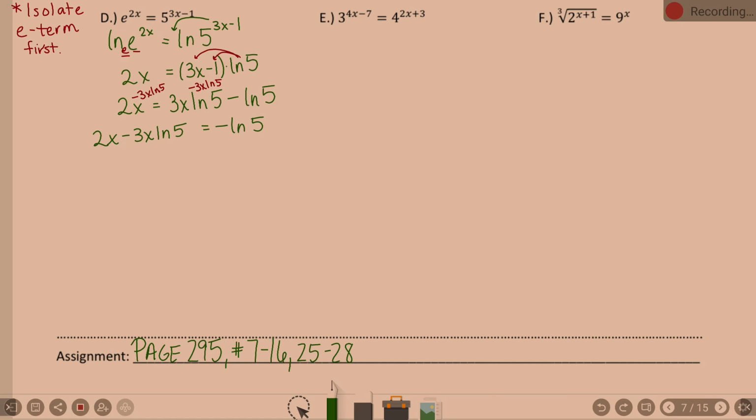And? Okay. Both terms on the left have an x. They're not like terms, so I can't subtract them as is. So factor out GCF of x. 2x divided by x leaves me with 2, minus 3x ln 5 divided by x leaves me with 3 natural log of 5, equals negative natural log of 5.